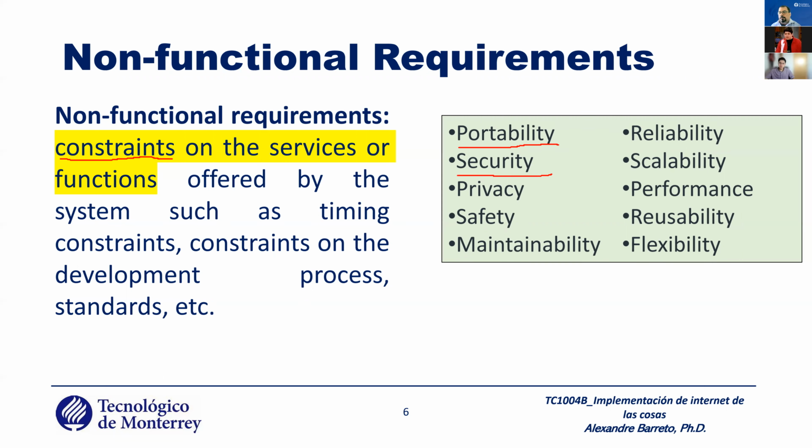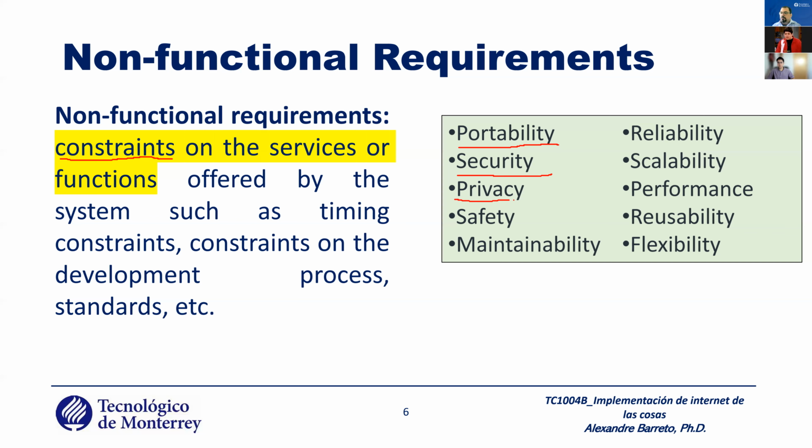Security. Okay, the system needs to be compliant, for example, with ISO 27001. The system needs to be compliant with the PCI. PCI is a standard for web transactions. Okay. Privacy.